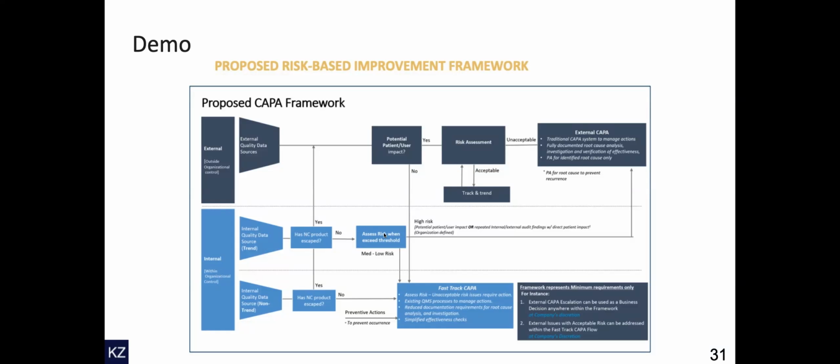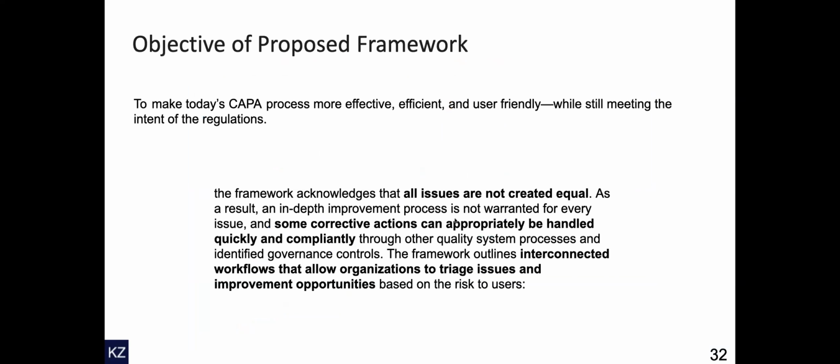And depending upon what the risk is, we can actually use something like a fast track CAPA, which is much less burdensome and can be done faster and more effectively. Okay.